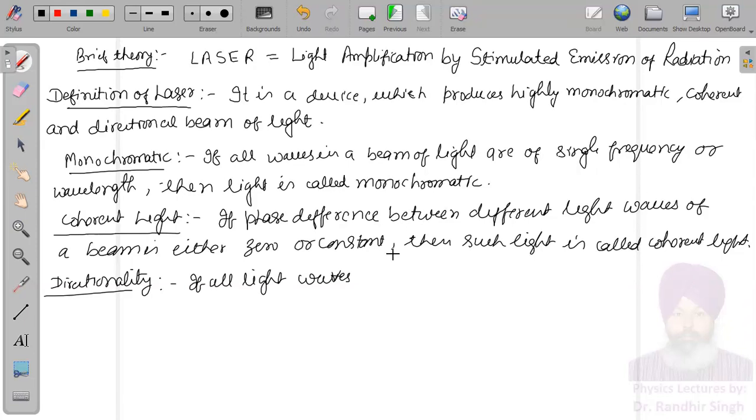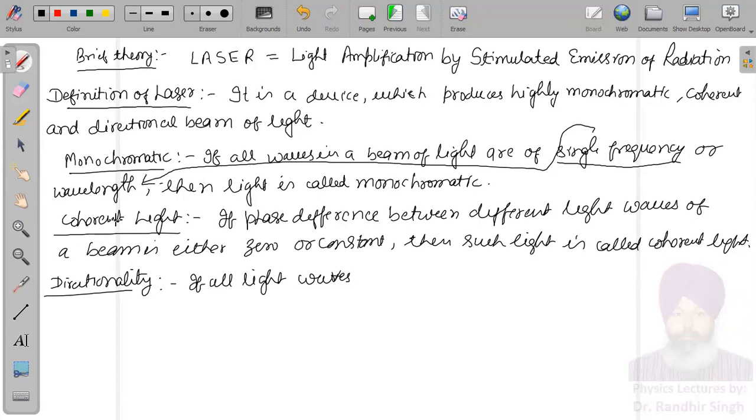You are grammatically correct. My reference here is not grammatical reference, meaning you should take it as single frequency, or you join single with this, or single wavelength, whatever appeals to you, you can choose one of them.